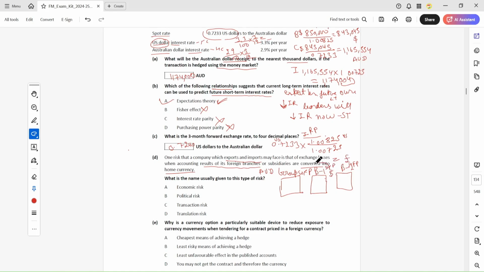When we convert this into Australian dollars, we face translation risk. So this is translation risk.